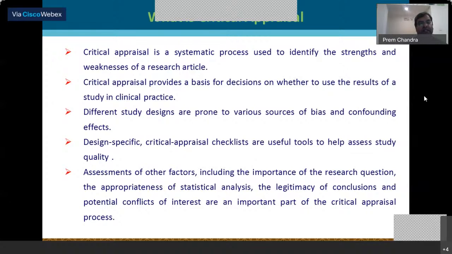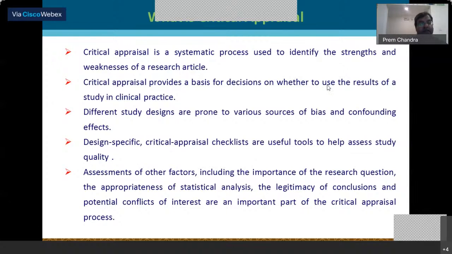For each study type, there are different critical appraisal checklists. Likewise, for RCTs, we have different critical appraisal checklists. So when you do a critical appraisal, make sure you use the proper checklist applicable to that study design, whether it's RCT or another study design.